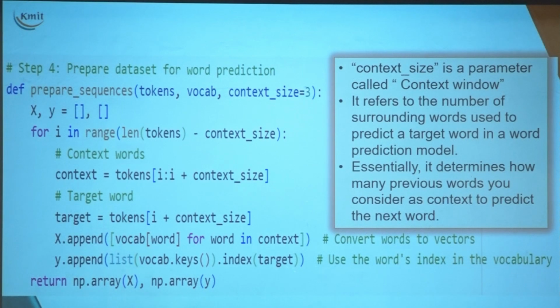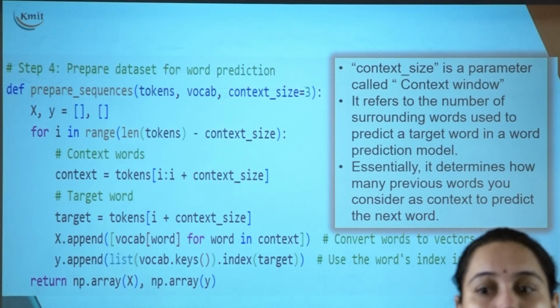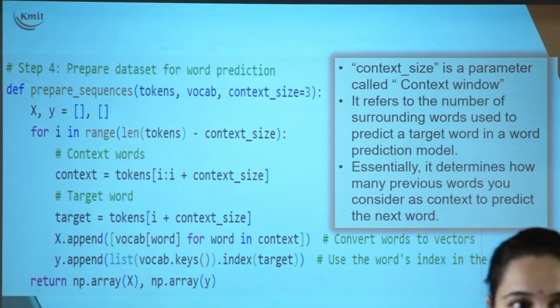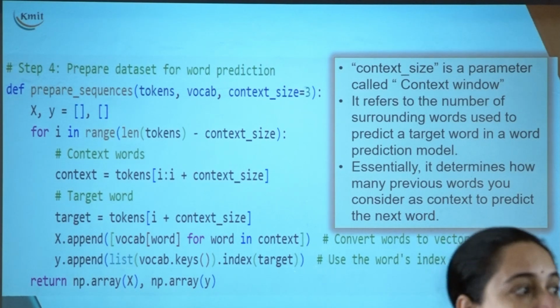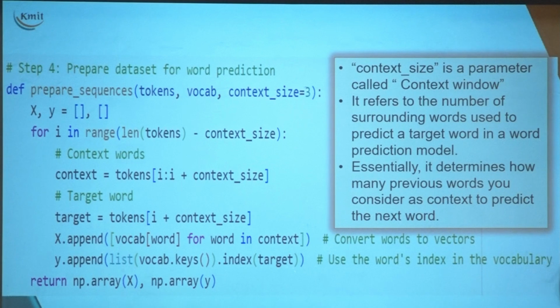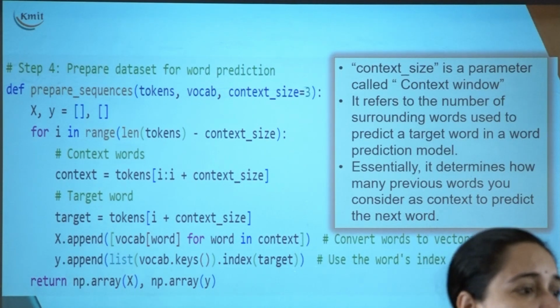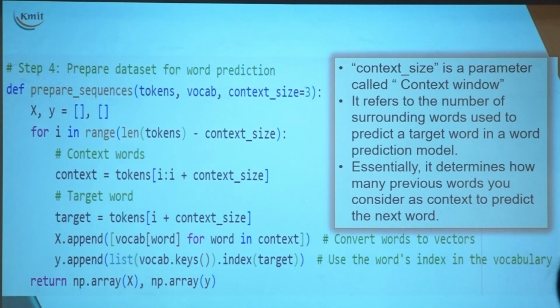If I write the movie was fantastic, the model will predict the next word. If I write more than 3 words, like the movie was fantastic but also dash, it will only take the last 3: fantastic, but also dash. And it is going to predict engaging as per the input that is present.